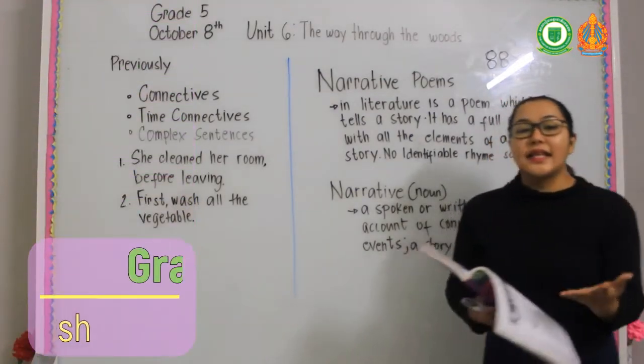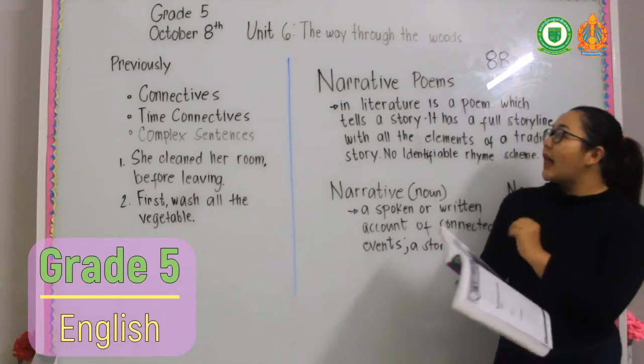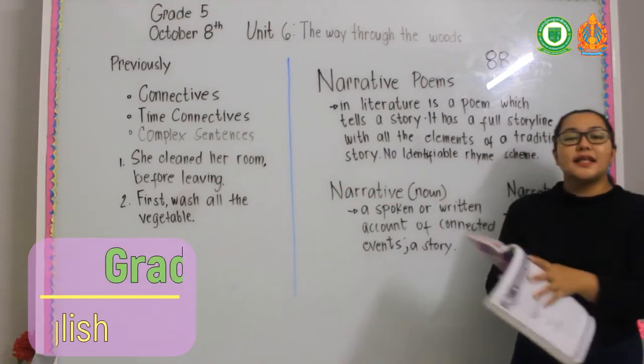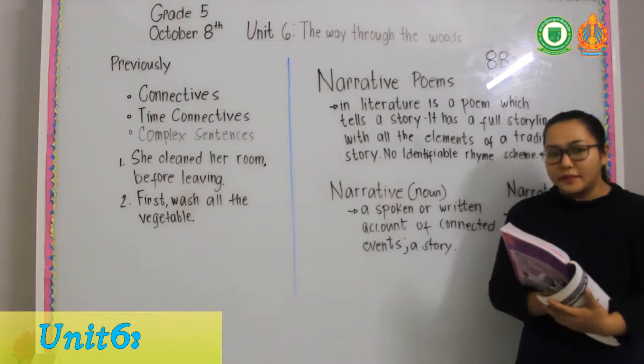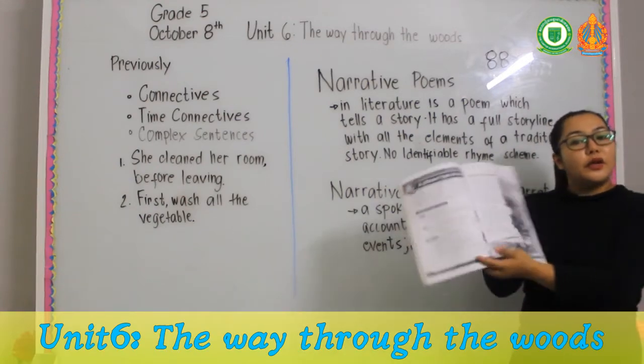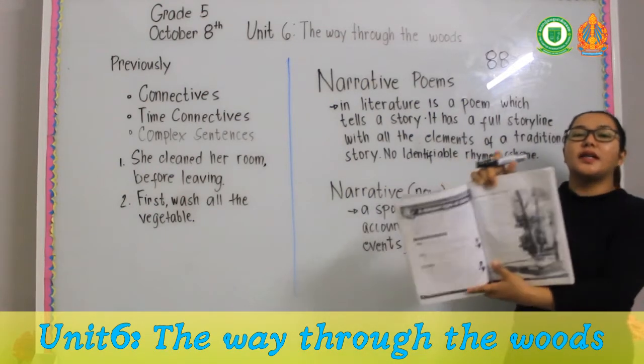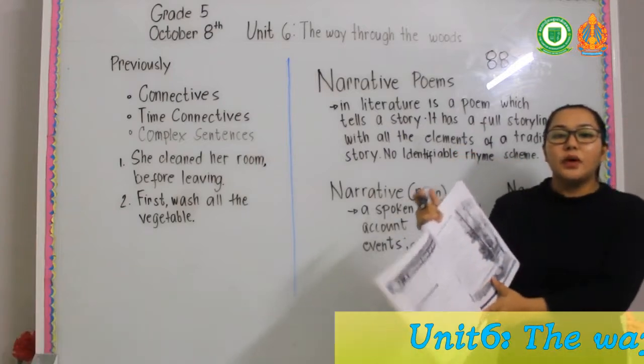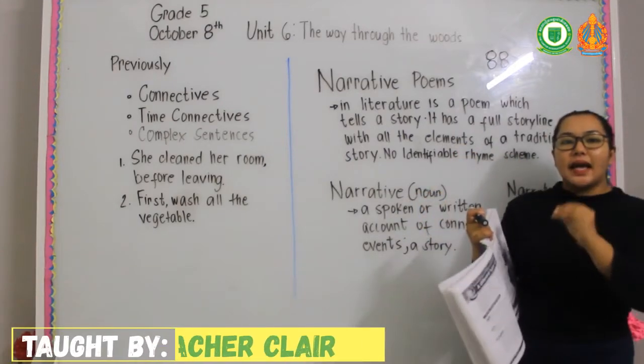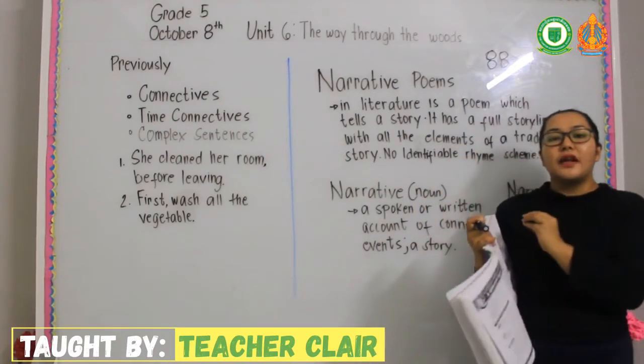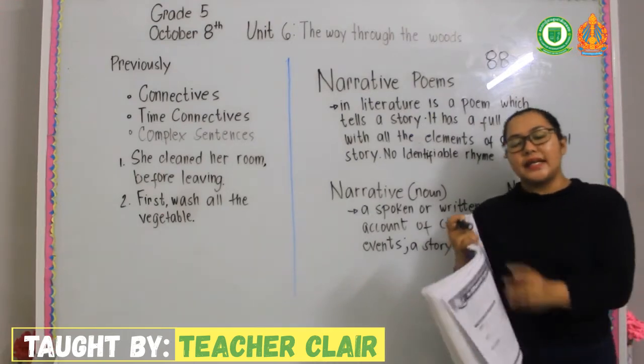Let's start. Today we will discuss narrative poems. Open your book on page 88. I want us to follow through the book so you can follow whatever I am reading as well.